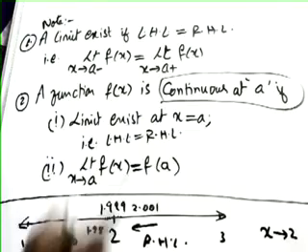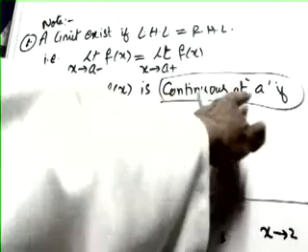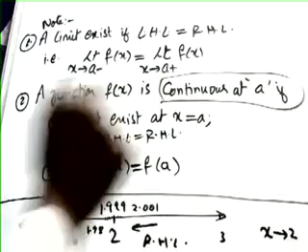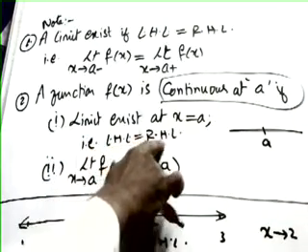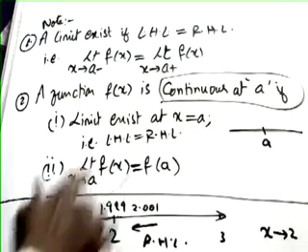And the next thing is, when the function is continuous, we have to see this. There should be two conditions for this. For a function to be continuous at, suppose, point a, the first thing is the limit should exist at a, that is, left hand limit should be equal to right hand limit.